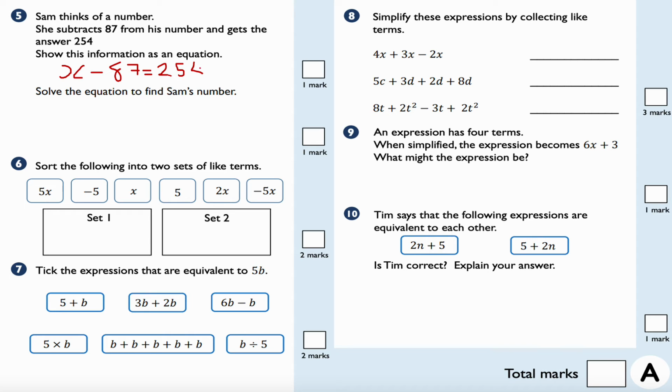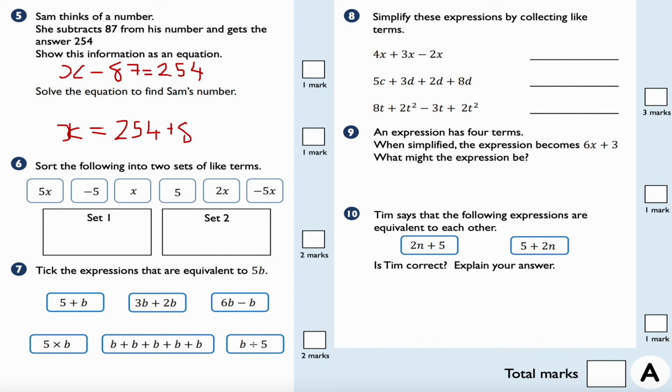If I'm to solve this equation, well, if I add 87 to both sides of my equation to balance it, respectively, so 254 plus 87.